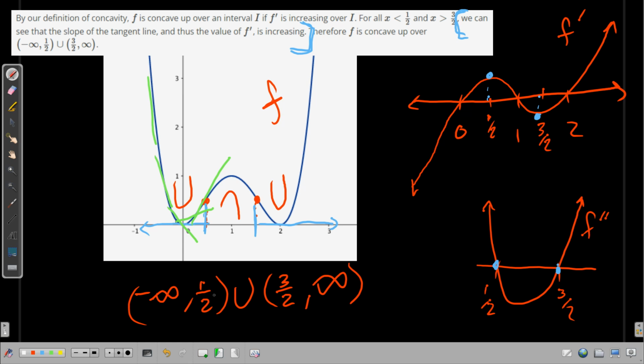The slope is increasing, and if the slope is increasing, then it will be concave up. That part, I guess, is true. However, I guess then the objection would be here, and thus the value of f prime.